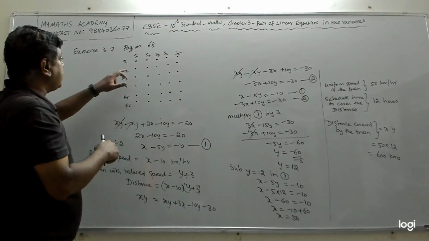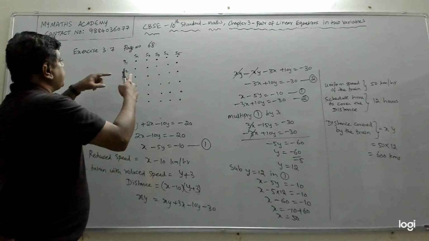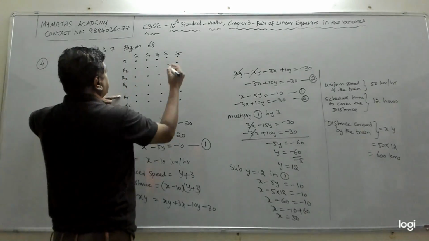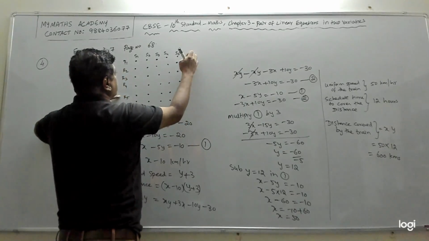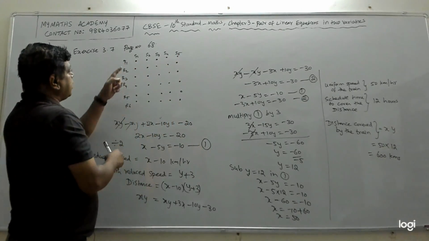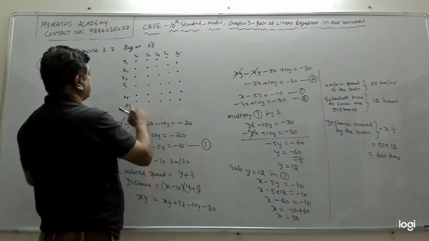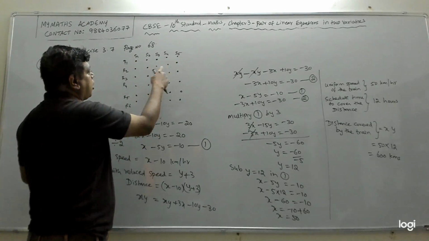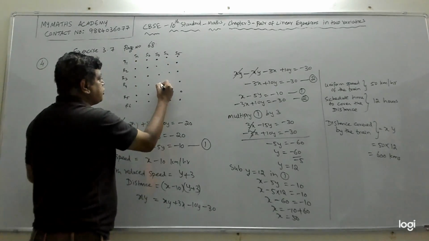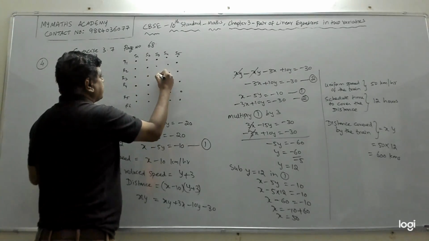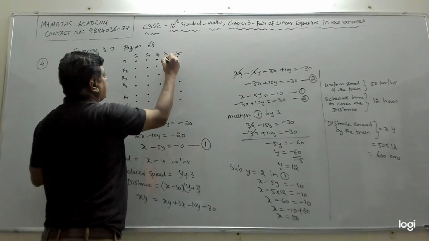Now suppose I try to make one student extra in each row. So totally how many students are there here? 6 rows are there, each row has 5 students, so 6 times 5, 30 students. Each dot is 1 student. Are you guys able to follow this?